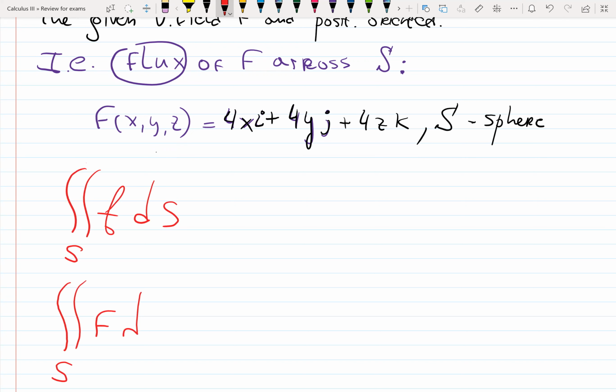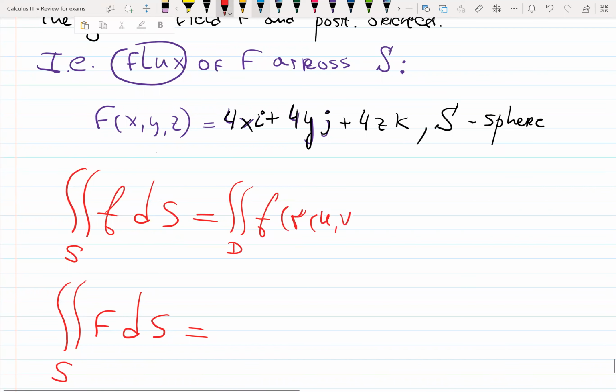And they are different. This one is double integral over D, f, plug in your parameterization, which is r as always. But now r depends on u and v, multiplied by the size of the result of the cross product, which is a vector, so that's a magnitude.